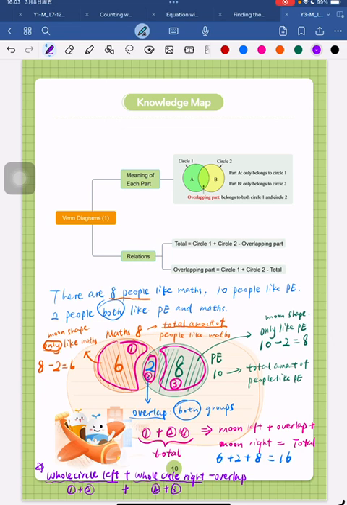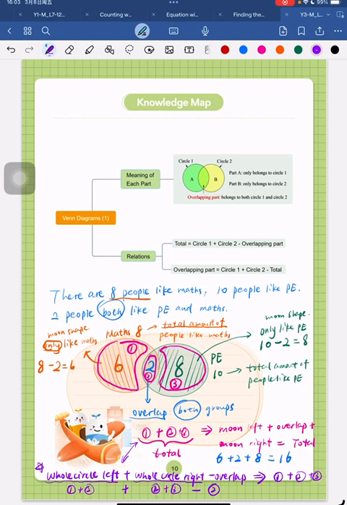The difference is that we have counted the overlapped part 2 in the middle twice, but we only have one part 2, one overlap. So what we need to do is take away one part 2 so that we have exactly part 1 plus part 2 plus part 3.